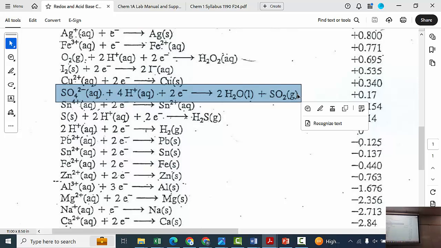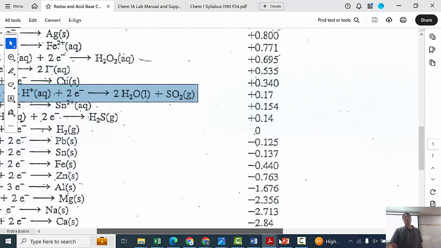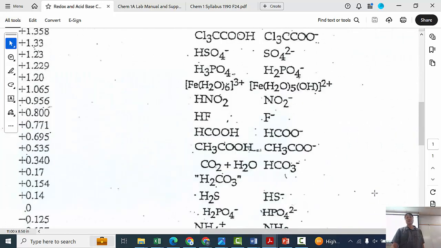So sulfuric acid, bisulfate, and sulfate react the same in redox reactions. And they react the same because the sulfur is +6 in all three of those species. That's redox. In acid-base, it makes a huge difference.